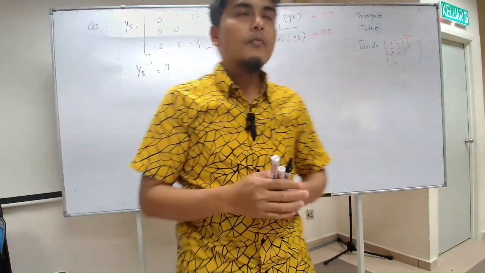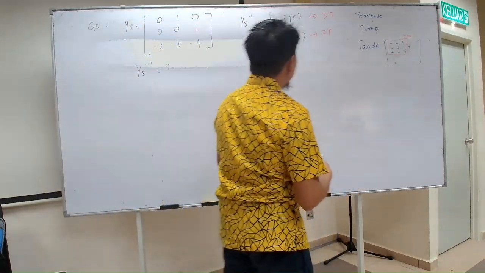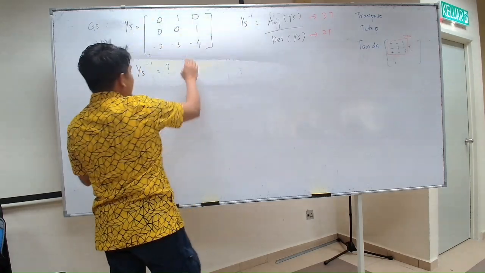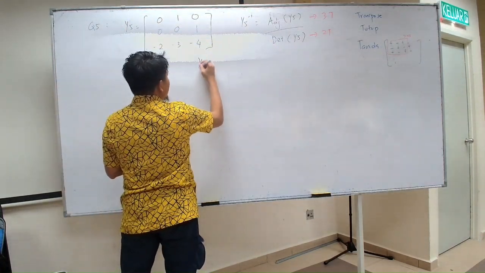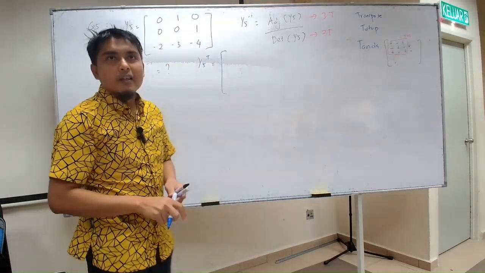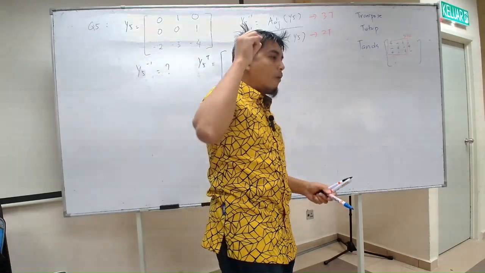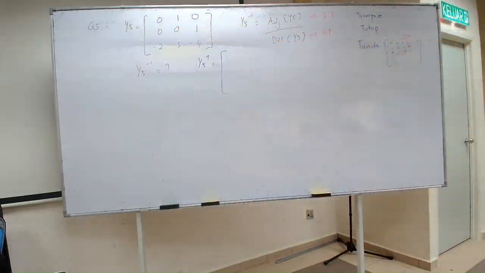Okay, so now it's time for us to solve the question. Firstly, we need to find the transpose. What is the Y5 transpose? I want you to write down the answer right now on your paper or on your gadget.